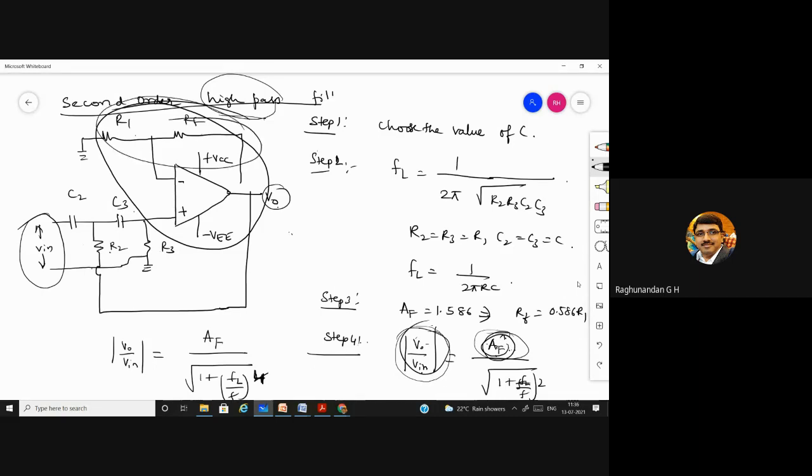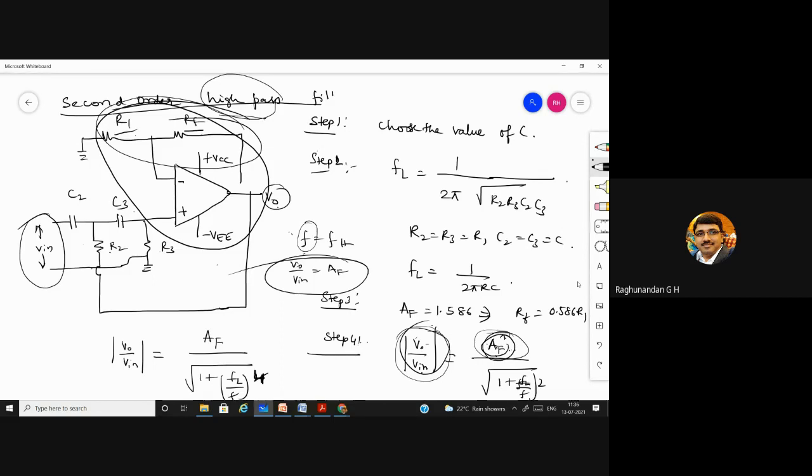That is what happens when the frequency of the signal is equal to the higher cutoff frequency. When F is equal to FH, we will say V0 by V in is equal to AF. So when you are properly tuning the frequencies, during that time we will be able to achieve the gain which was expected or required, because of which we have used RF and R1.